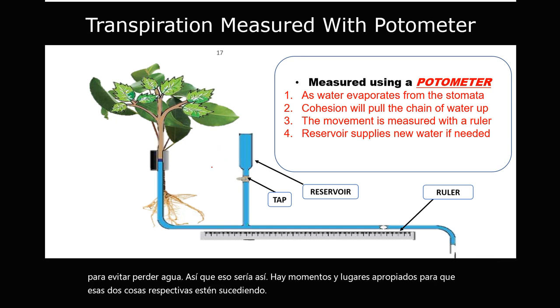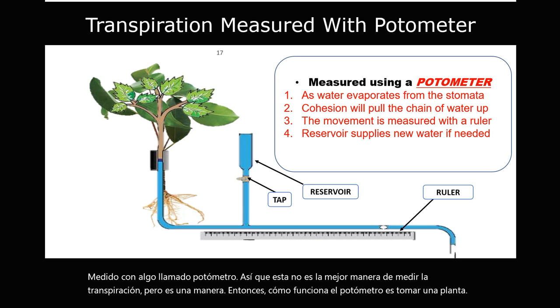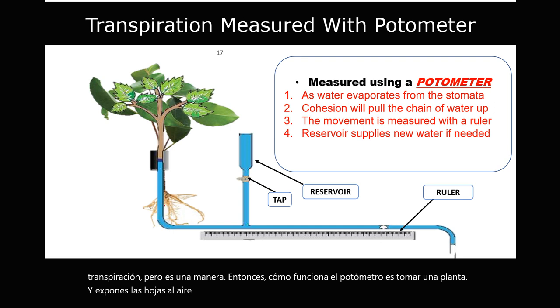Okay, so transpiration can be measured with something called a potometer. This is not the best way to measure transpiration, but it is a way. How a potometer works is you take a plant and you expose the leaves to the air, and you have the stem or the roots attached to a tube filled with water.